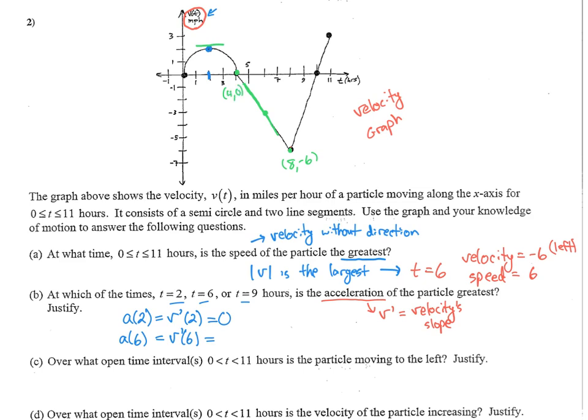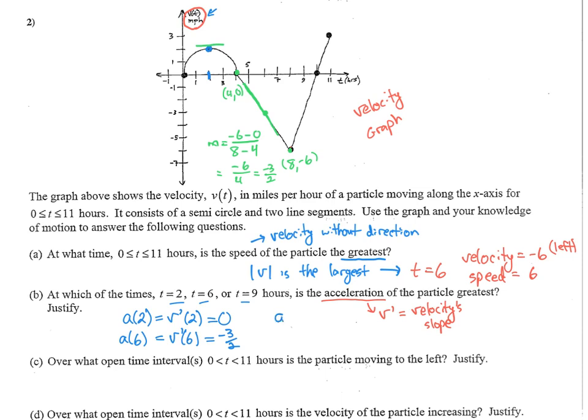So we can use those 2 points to find the slope of this line that's connecting them. The slope between those 2 points would be negative 6 minus 0 over 8 minus 4. I'm just using y2 minus y1 over x2 minus x1 there. So we get negative 6 over 4. So negative 3/2. So it looks like my acceleration there would be negative 3/2, or negative 1.5.